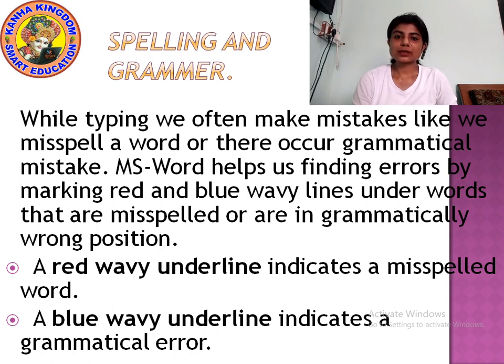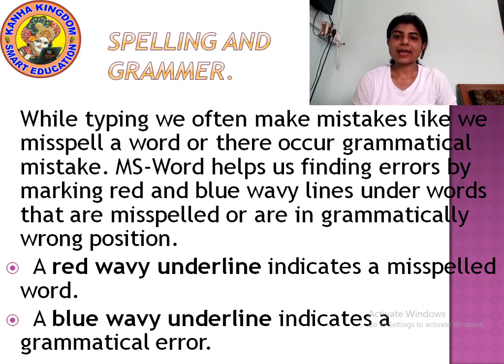Okay? Students, while we type something, there might be spelling mistakes or we might misspell a word while typing, isn't it? We can make mistakes. Then the computer can recognize those mistakes. In MS Word we find this option, spelling and grammar, where we can go and correct our spellings or any errors that we have made while typing.